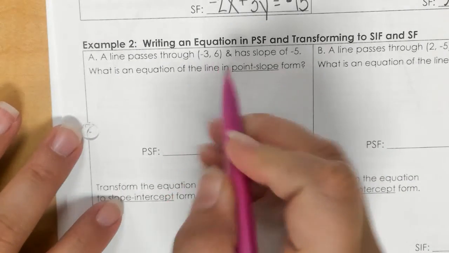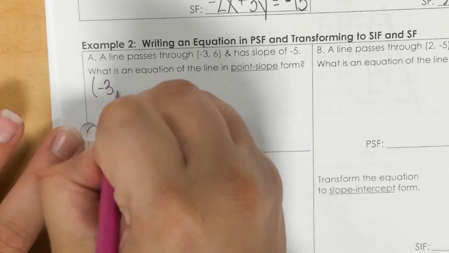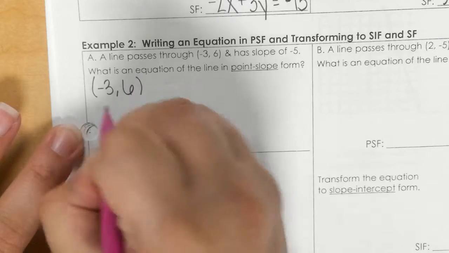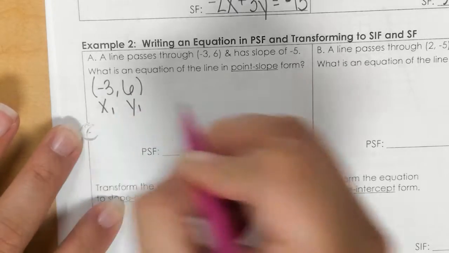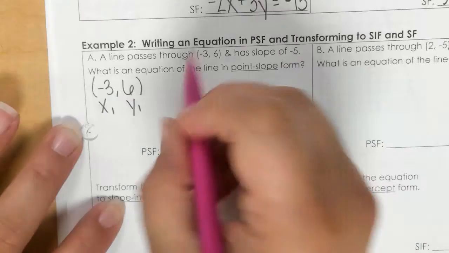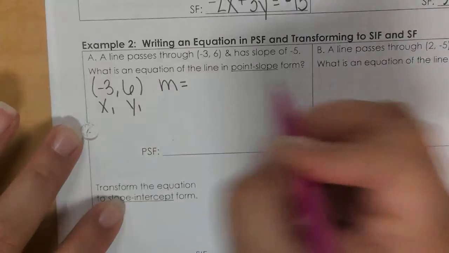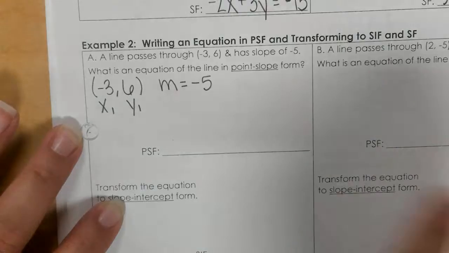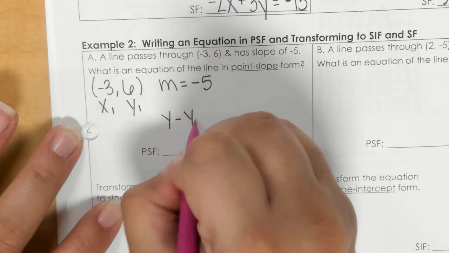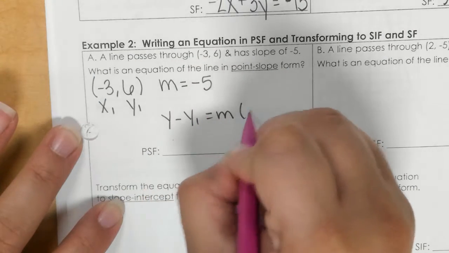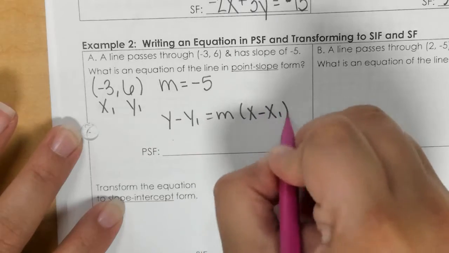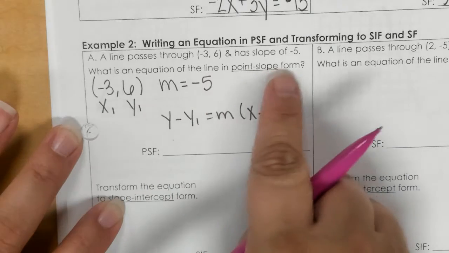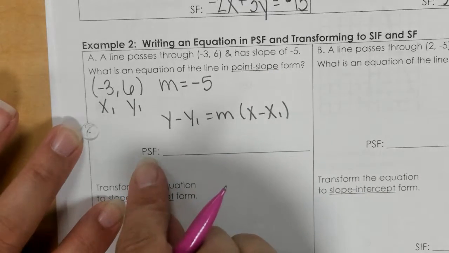That point is x1, y1. Our slope is negative 5. And we're plugging all of that in to point slope form. And it tells you what is an equation of line in point slope form. Plus I give you the little hint here.